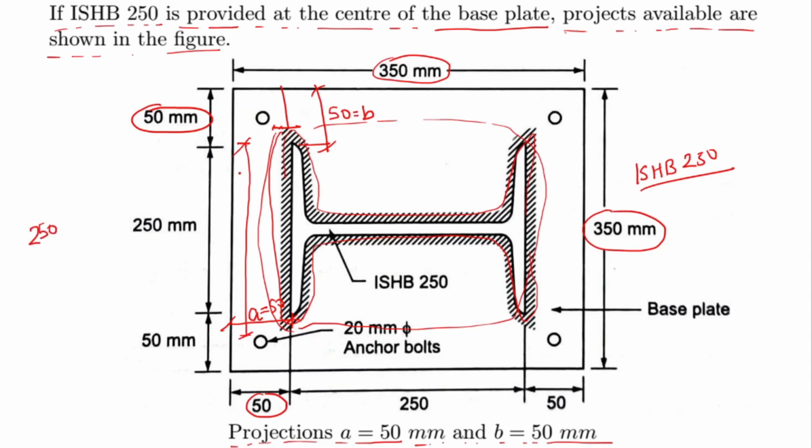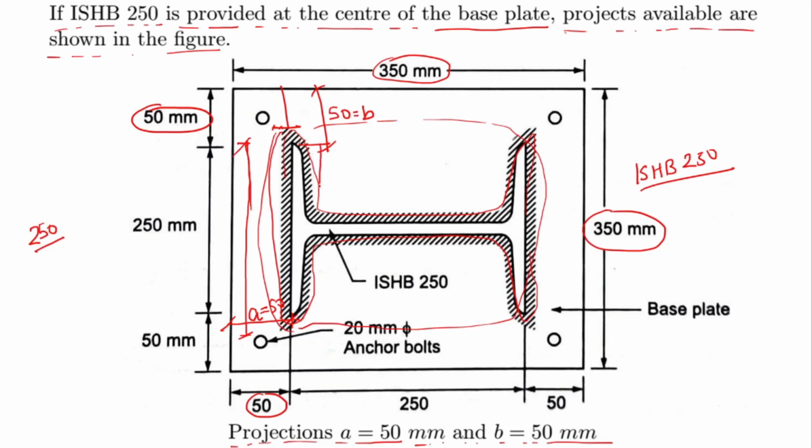Now we are going to calculate the total welding available for the column if I provide the welding throughout the whole section. For the flange on one side I shall provide 250 mm weld.